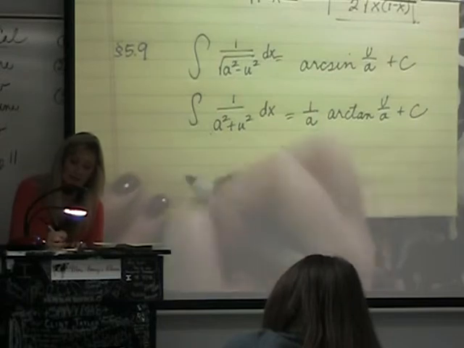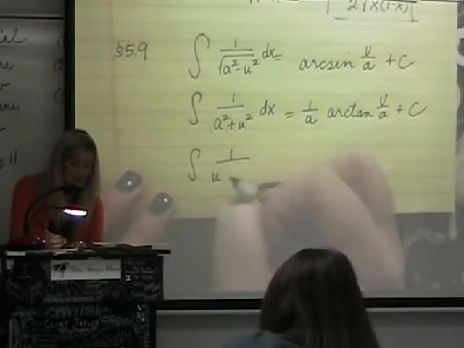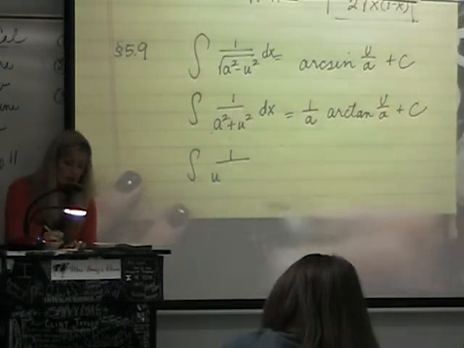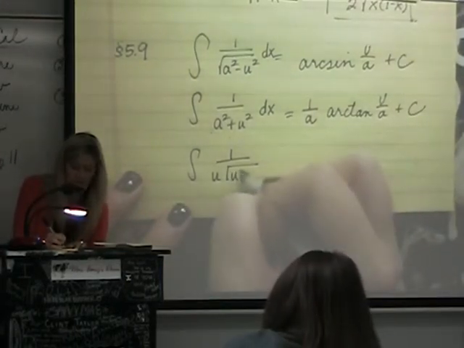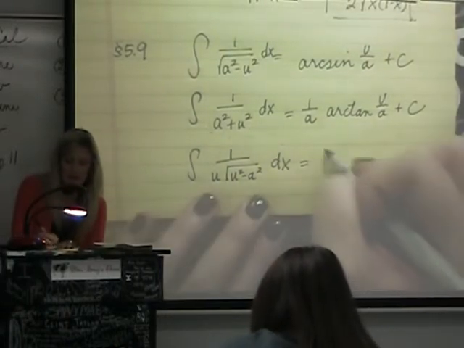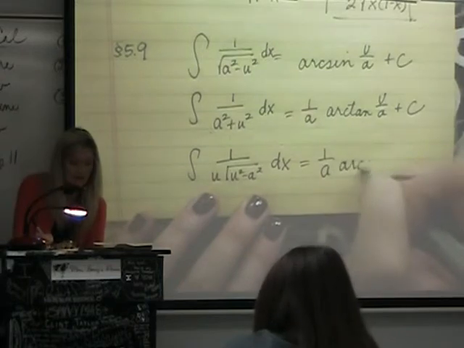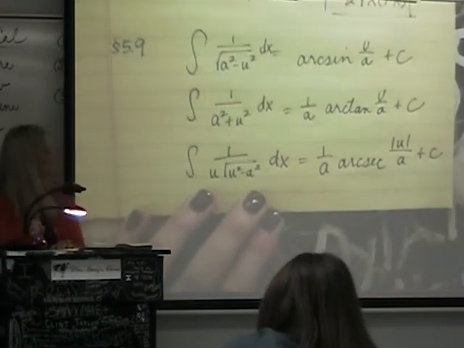And then finally, the last one, which is probably the least popular one, is surprisingly not arc cosine, but arc secant. It looks like 1 over a arc secant of the absolute value of u over a plus c.